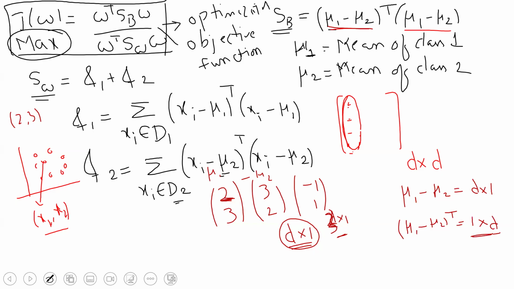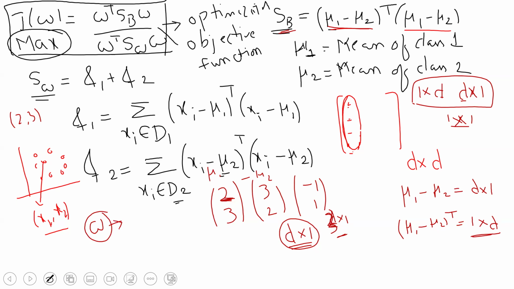So mu1 minus mu2 whole transpose is 1 into d, and mu1 minus mu2 is d into 1. What will be the value of this now? It will be 1 into 1. It's a scalar. Now, what is the dimension of vector w?